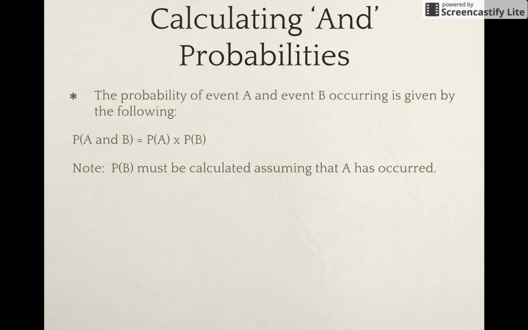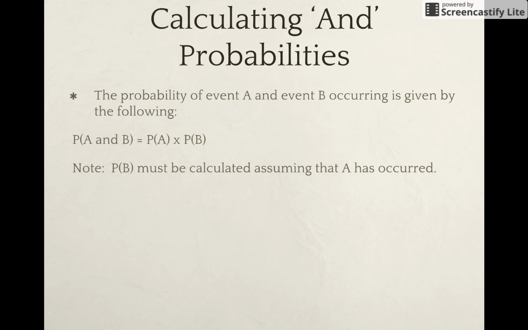To calculate an AND probability, use the following formula. Probability of A and B is equal to the probability of A multiplied by the probability of B. The big note on this formula is that the probability of B must be calculated assuming that A has occurred.